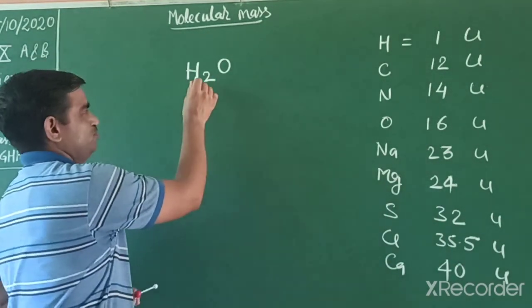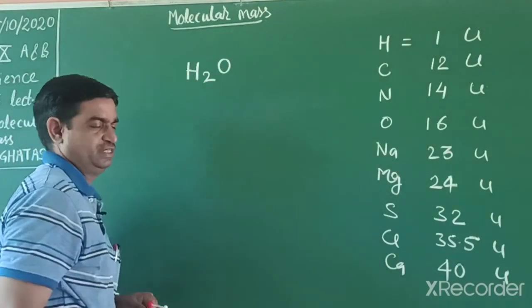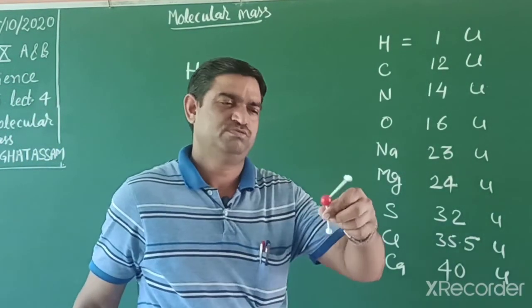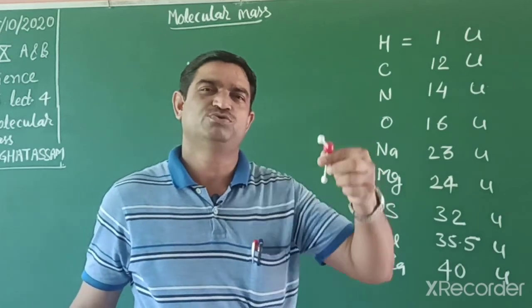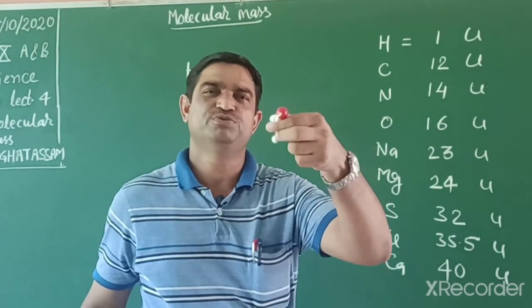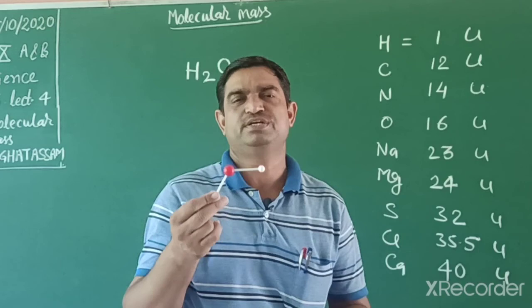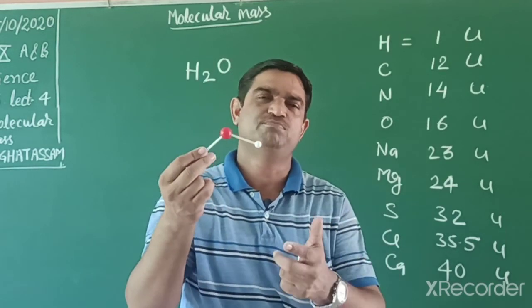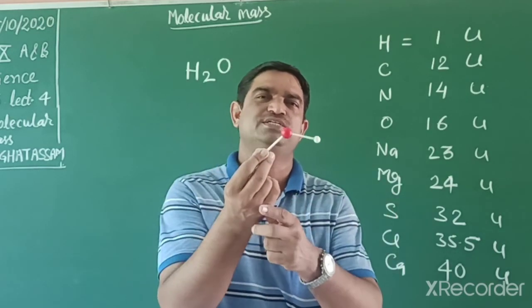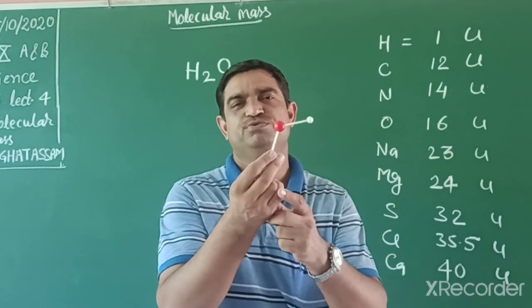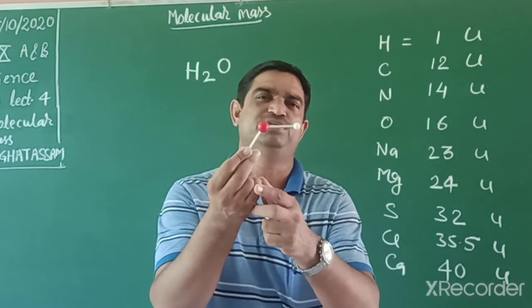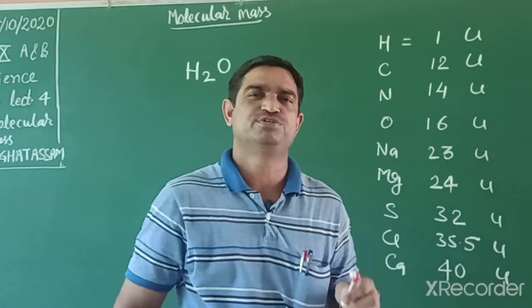In this molecule, there are two hydrogen atoms and one oxygen atom. So, how can we measure the total mass of the molecule? Molecular mass means the total sum of the masses of all the atoms present in a molecule.